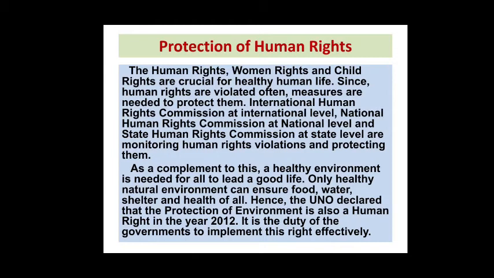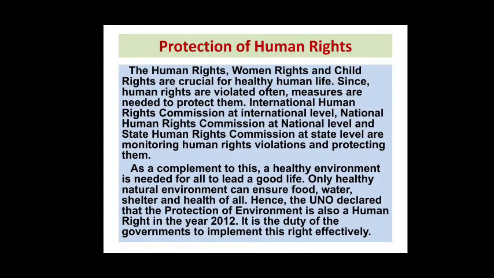Since human rights are often violated, measures are needed to protect them. The International Human Rights Commission at the international level, the National Human Rights Commission at the national level, and the State Commission at the state level are monitoring the human rights violations and protecting them.